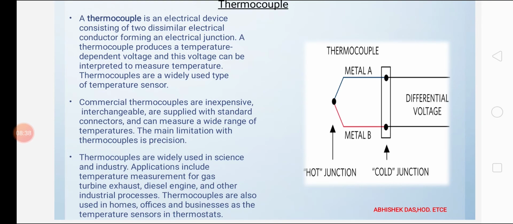Usually a thermocouple is composed of two dissimilar metals in physical contact. The metals may be twisted or pinned together. Thermocouples are used to measure temperature up to 1400 degrees Celsius.